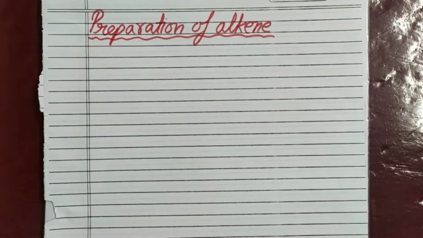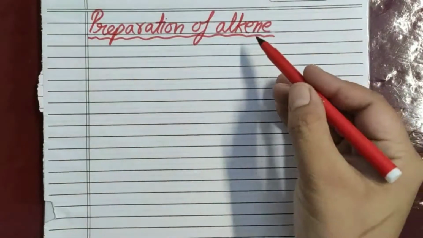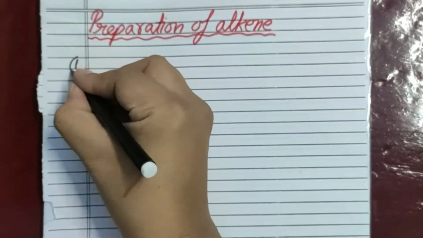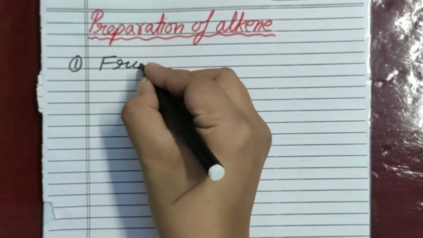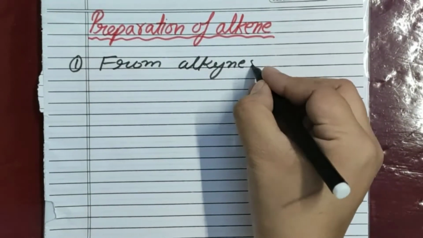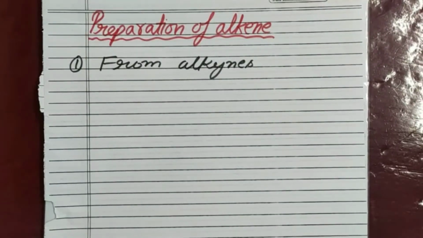Hello students, in this video we are going to cover preparation of alkene, and the first method is from alkynes. From alkynes, by partial reduction method, alkene can be prepared in the presence of pelletized charcoal, passing hydrogen.